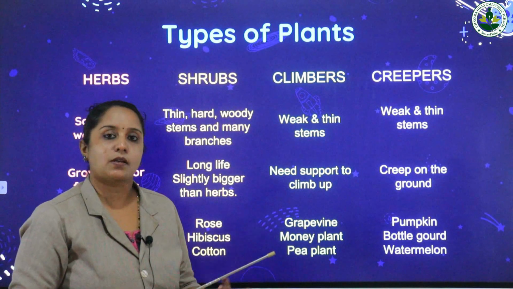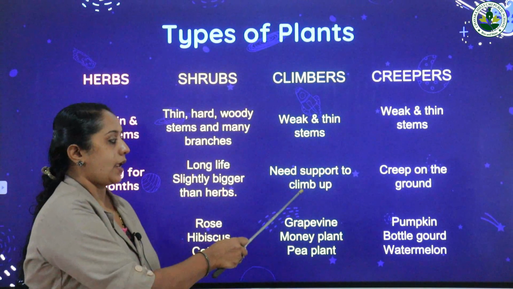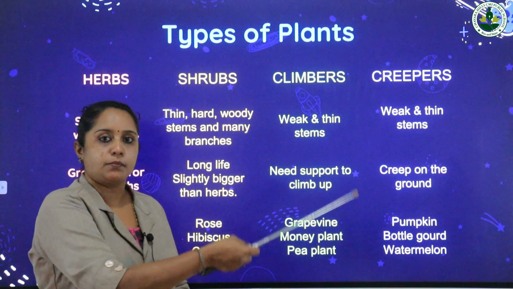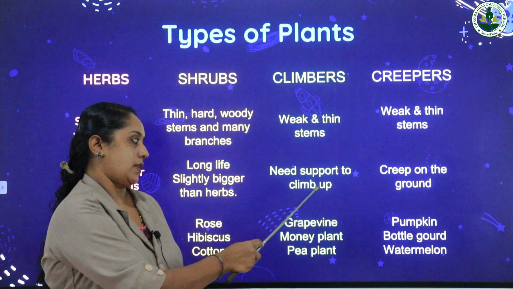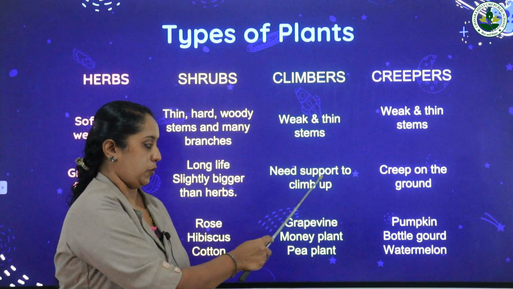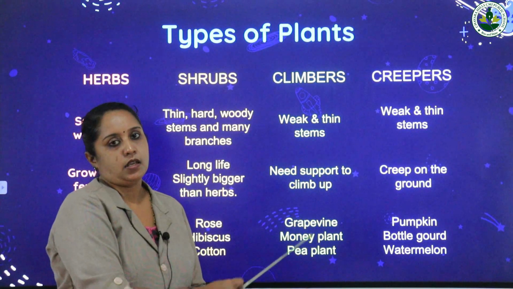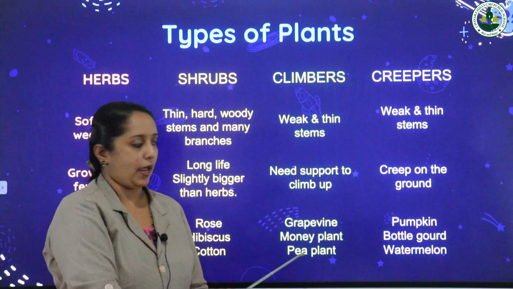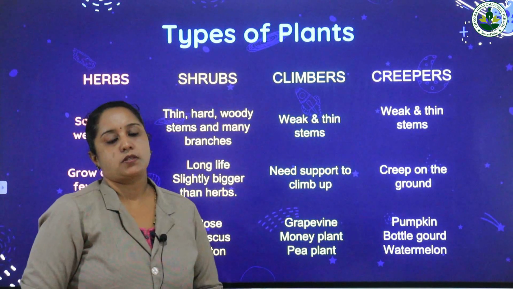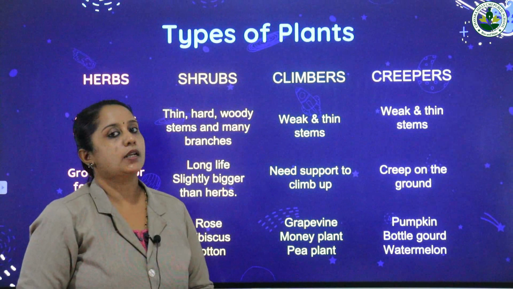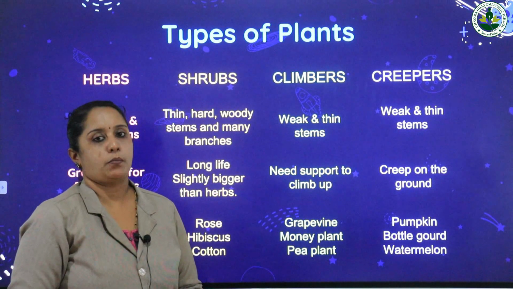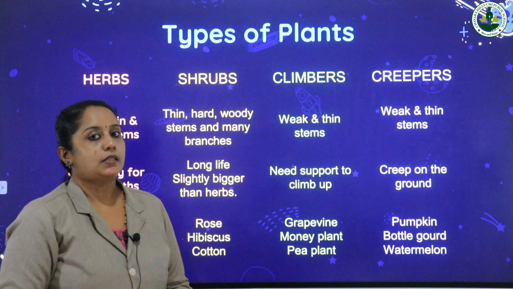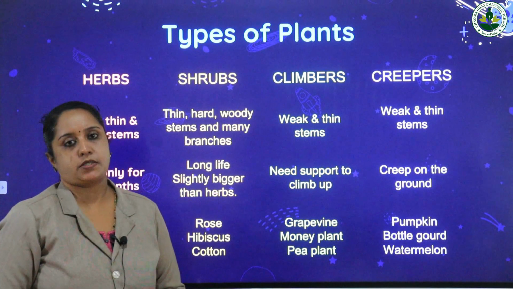In order to get support, they climb upon other plants. Examples: grapevine, money plant, and pea plant. So climbers climb up other plants for getting support, and they also have thin and weak stems.